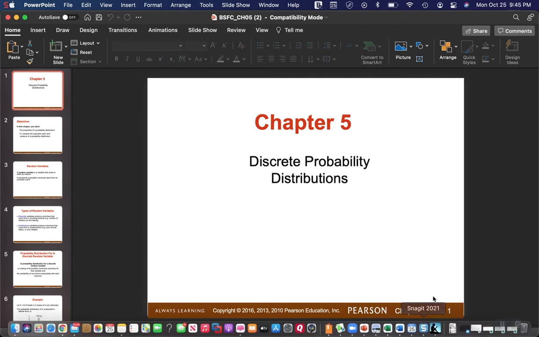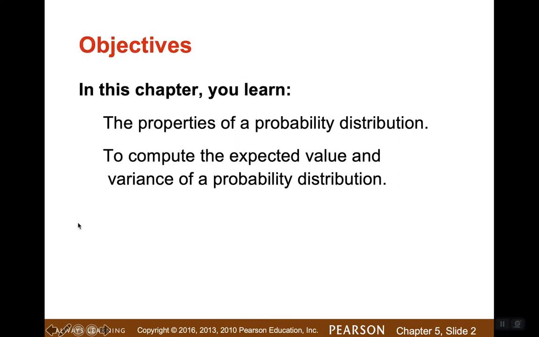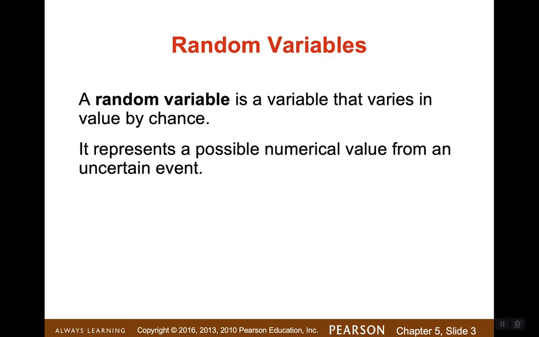If we look at our formal definition, what we're going to talk about in this chapter is what a probability distribution is, what its properties are, and how to compute something we're calling the expected value and the variance of a probability distribution. So, a couple things. We have some terminology or some definitions here.